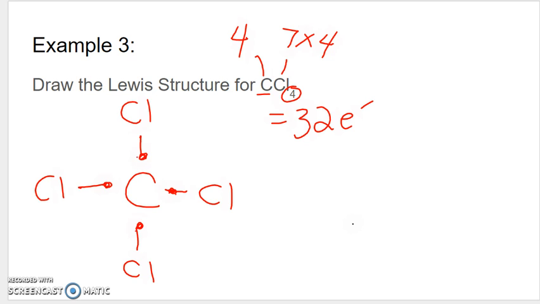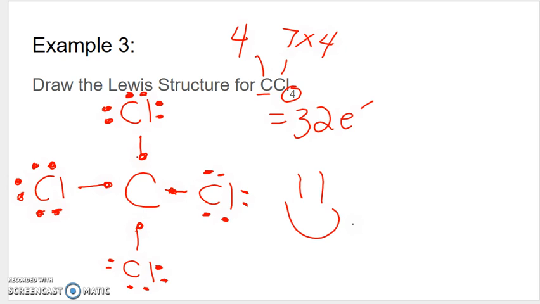Put the rest on there: 9, 10, 11, and so on up to 32. Looking good. You just have all the electrons and go back and double check. Everyone follows the octet rule, so another good one.